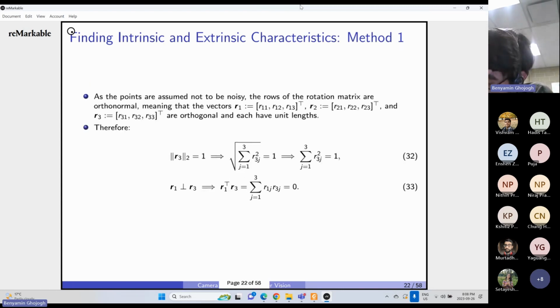Why should I make this assumption? There is one reason for that. If I don't have any noise, then the rotation matrix can be assumed to be orthonormal. Orthonormality or orthogonality of the rotation matrix is one of the properties of the rotation matrix. So what was the rotation matrix?